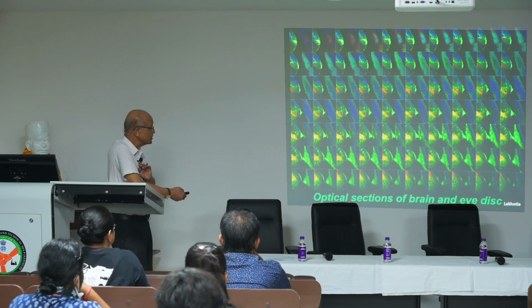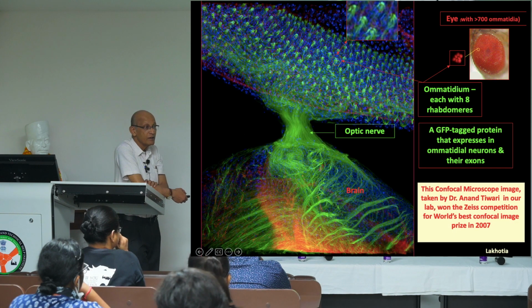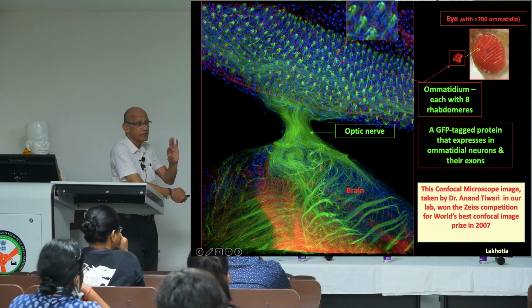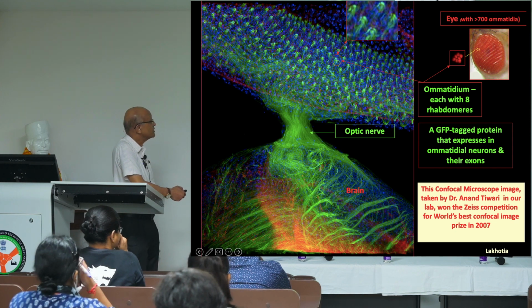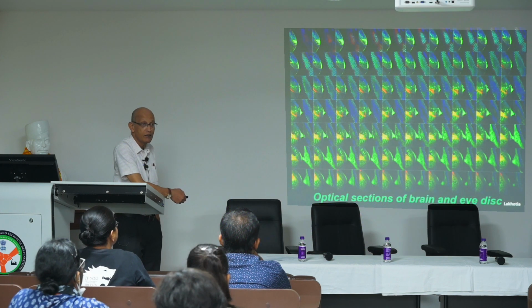And then the software can combine all the images together. And then you can rotate it. Now you don't need the tissue at all. Your image is all software based. And you can rotate it and see individual structures. In an individual image, this is not clear at all. You can't make it out.